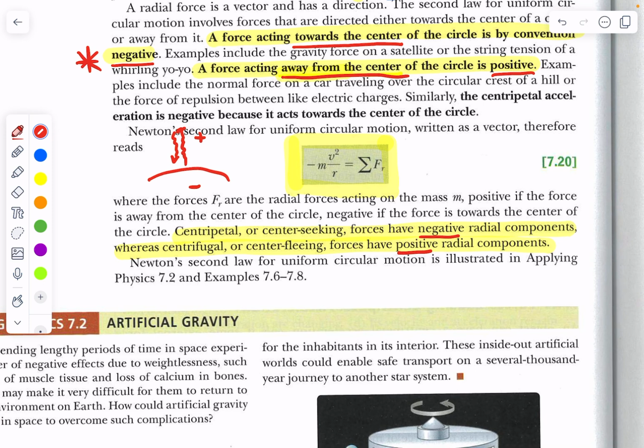And the summation of unbalanced forces must equal ma. And a here is my centripetal acceleration. And my centripetal acceleration, if you recall the equation from earlier on, is v squared over r. So that's where they get this.